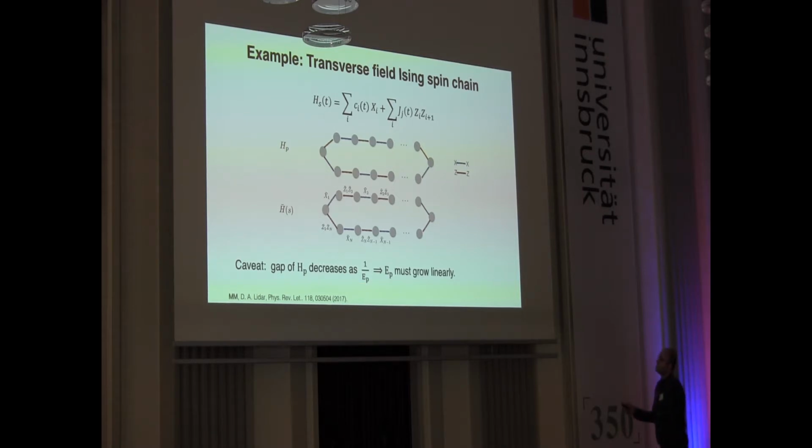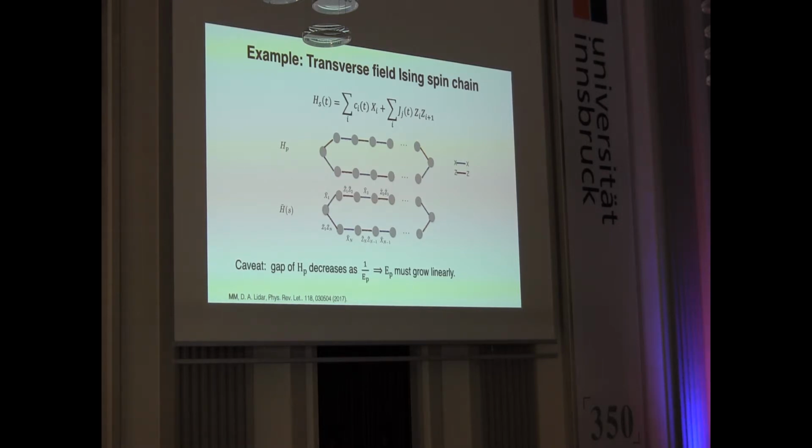For example, for this system, we can show that the gap actually decreases as 1 over n. And therefore, the penalty that we have to provide has to grow linearly with increasing the size of the system. But to give you the context here, we should compare this decreasing gap of this penalty Hamiltonian to the gap of the computation, to the case that we don't want to protect it.